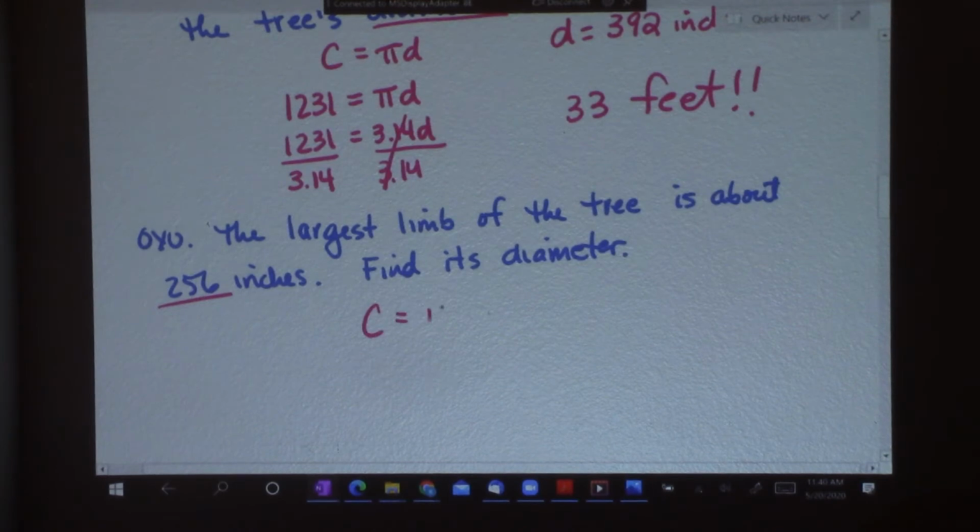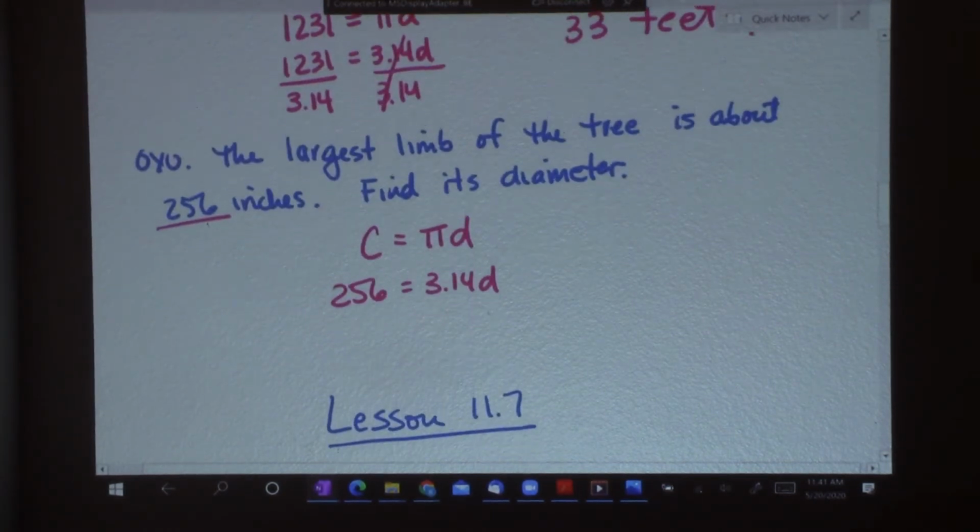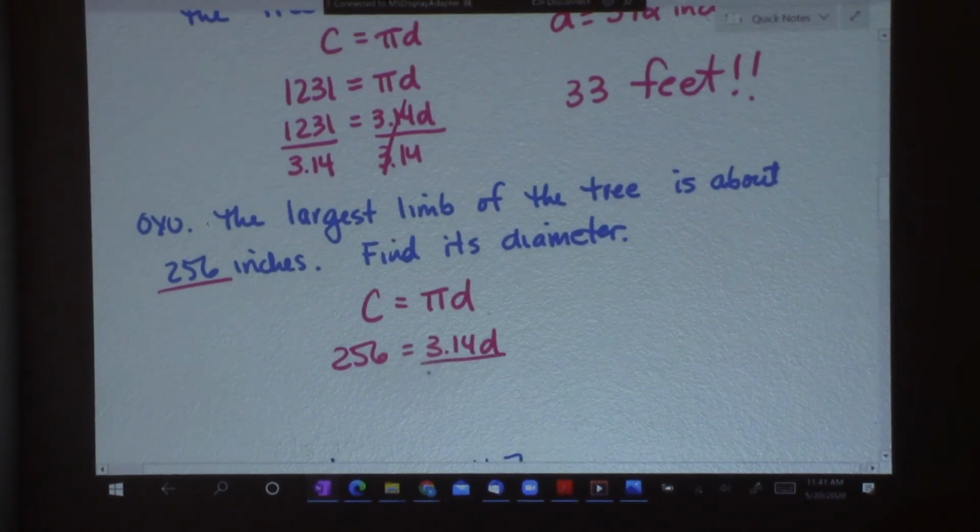So here's my formula, and I'm going to put 256 in here and 3.14, and then I solve it like a regular equation. Divide by 3.14, and I get a diameter of 81.5 inches. So think about that. That's like 6 feet across, a limb. Most trees are skinnier than that, and this is just a limb.